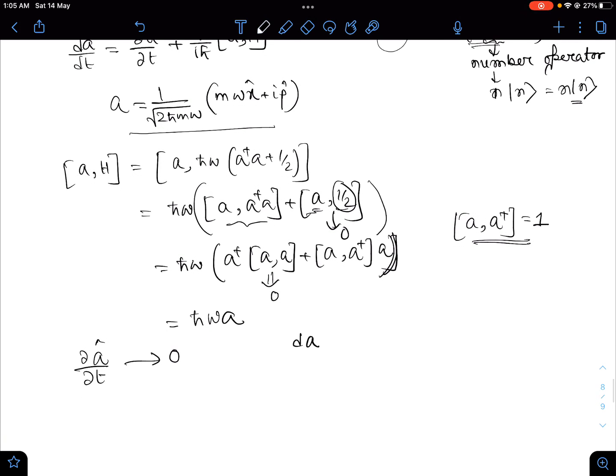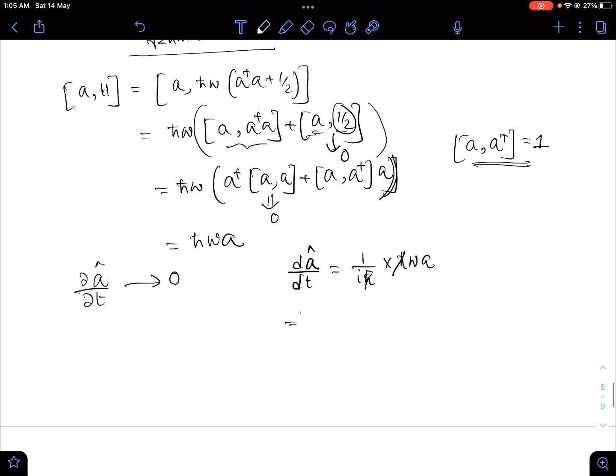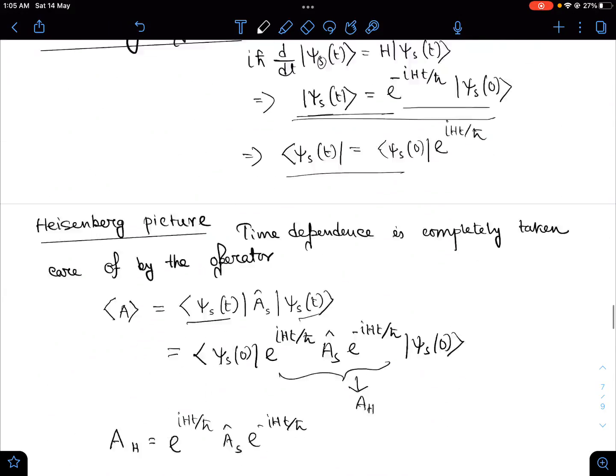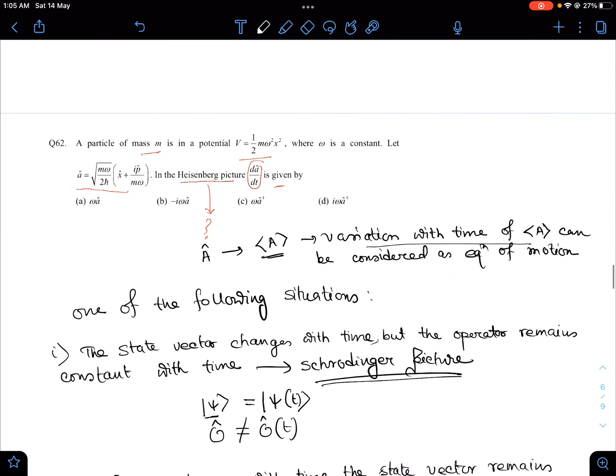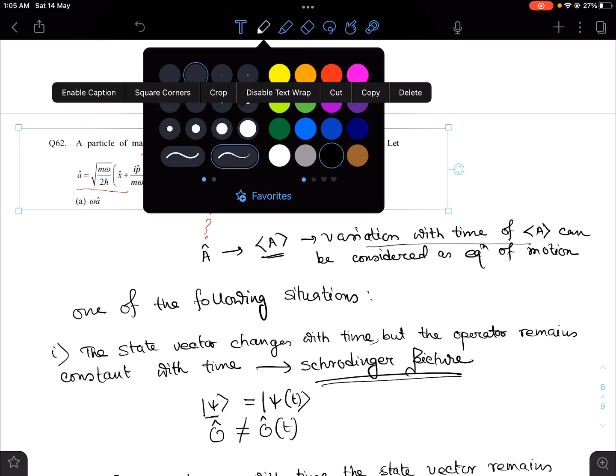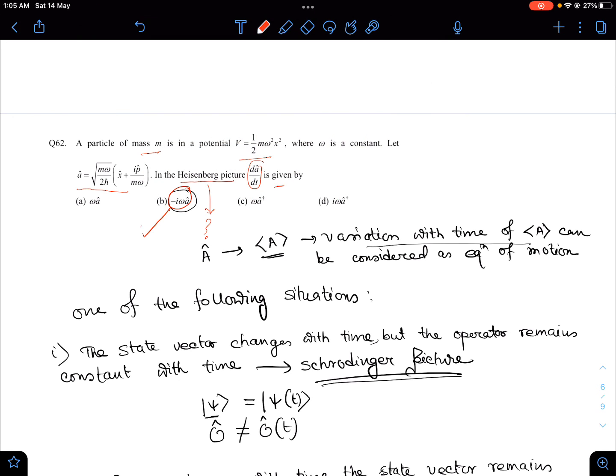We are getting change of A with time is equal to 1 by i h cut into h cut omega A. So h cut is cancelled out, so dA dt is minus i omega A. So that is how A changes with time. Let me check what the correct answer is. So yeah, this is our correct answer.